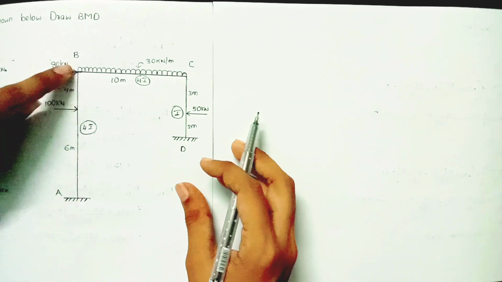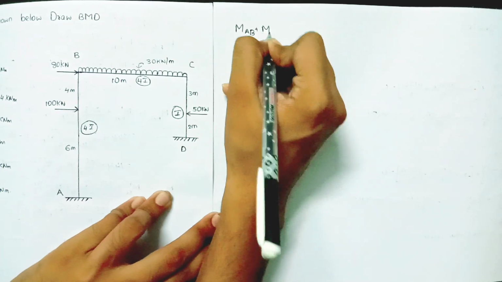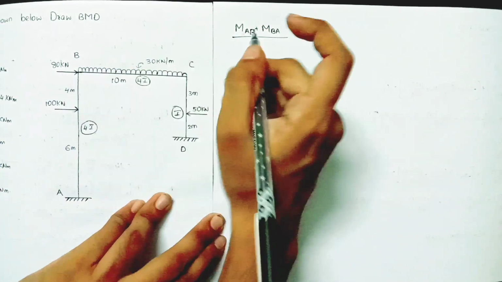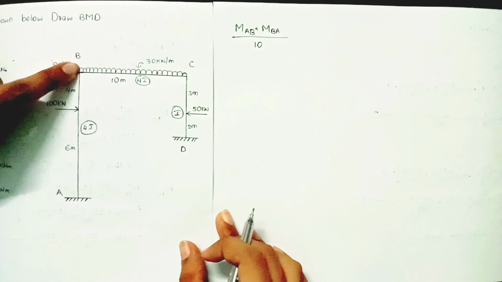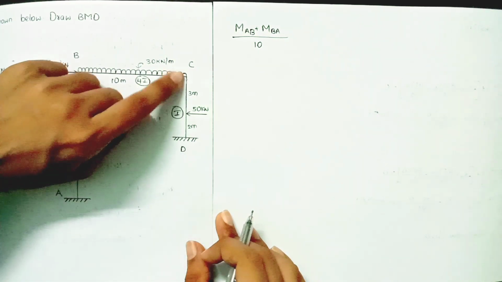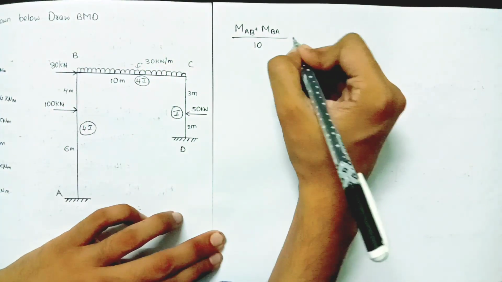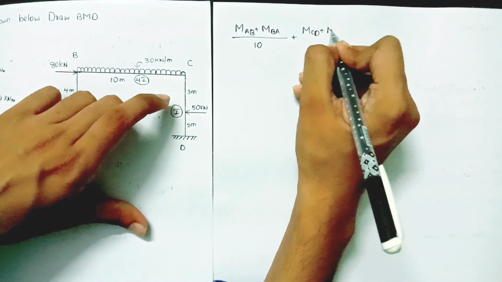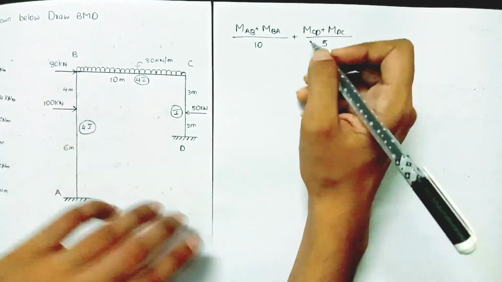For member AB, I am writing MAB plus MBA whole divided by the total length, 6 plus 4, that is 10. Similarly, MCD plus MDC whole divided by the total length, 5. So the same I am writing here.